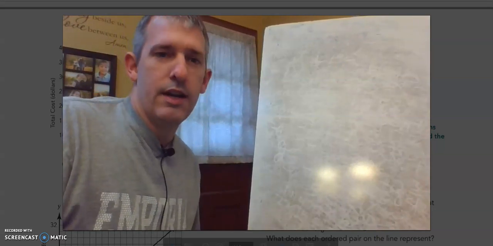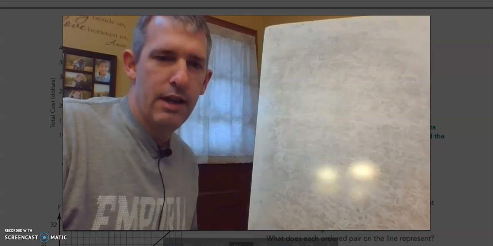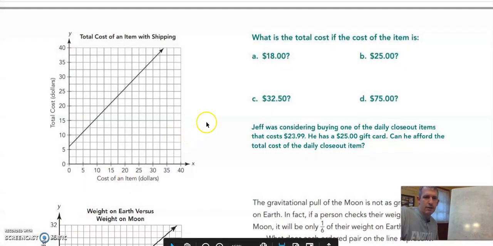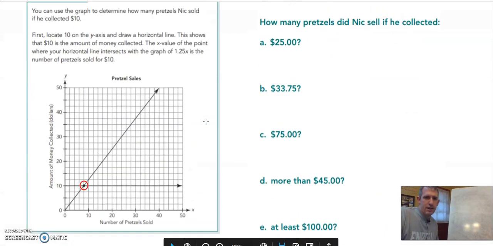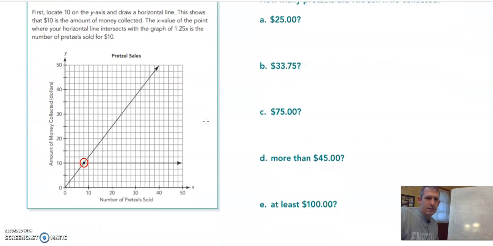Today we're on day 2 or page 2 of the week 7 packet, also known as the May 11th packet. Here's the page I'm looking at. We kind of started in on this yesterday when we were looking at a graph and trying to decide how to answer these questions based on the graph. And we saw that the graph is limited.